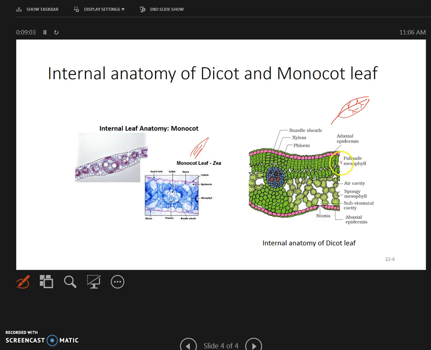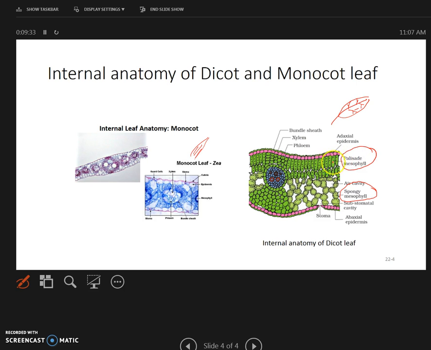Mesophyll. So the mesophyll in a dicot leaf is differentiated into an upper layer of tall, column-like cells, which are called the palisade cells, and the lower cells, which are round or polygonal, and loosely arranged with a lot of air spaces. That's called spongy mesophyll. This explains why a dicot leaf is darker on the upper surface.